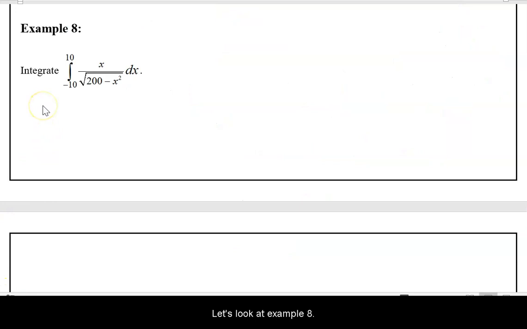Let's look at example 8. In this example, we want to integrate from negative 10 to 10 of the function x divided by the quantity 200 minus x squared. I'm suspicious because negative 10 to 10 is a symmetric interval across the origin 0 on the x-axis. I know that x squared will not change sign even if I replace x with negative x.